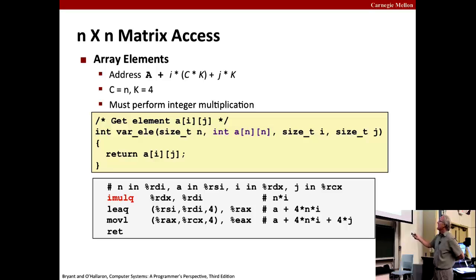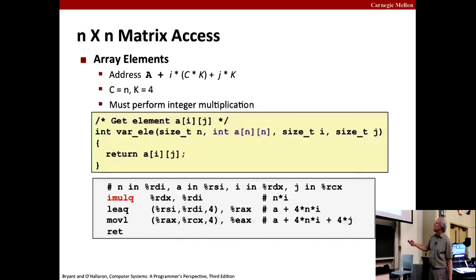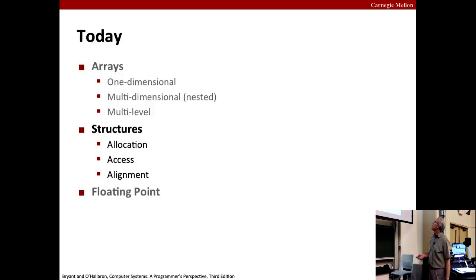And then once it has that, that's just n times i. And then it uses various combinations of LEAs and the scaling notation from before to compute an appropriate offset into the array to do the reference. So here I could do it with a shift, and here I had to introduce a multiply because I don't know in advance how big it is.